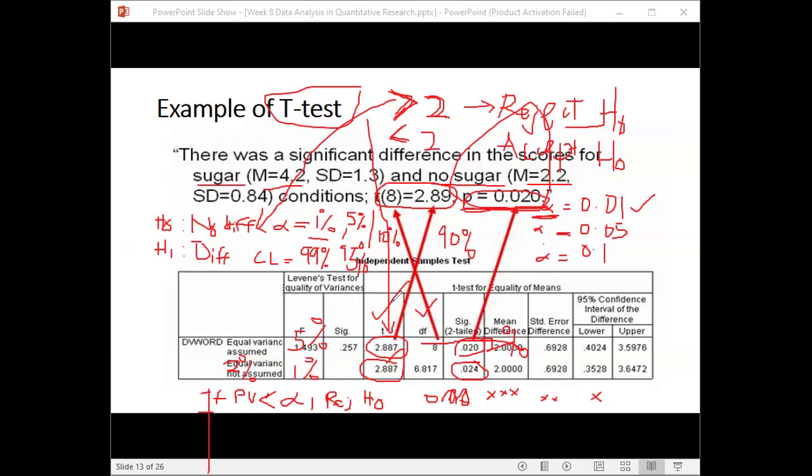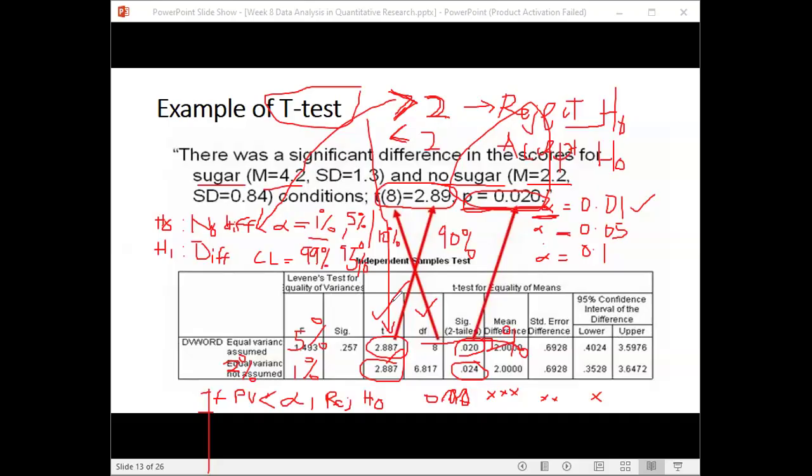They will be more okay with using 1% and 5% levels of significance than 10%.